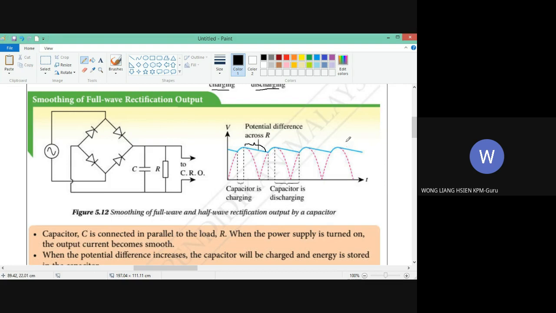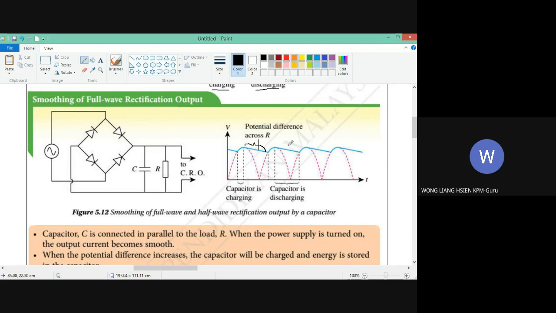I want the voltage that the load gets to be really nice, really smooth, like direct current, like the direct current from the battery or the dry cell. So what is it that we can do?